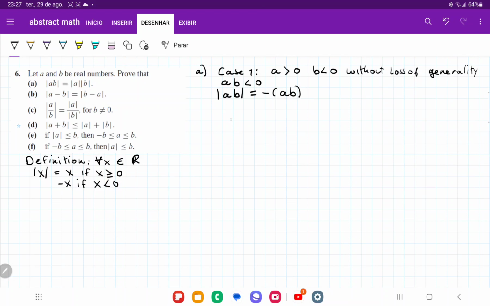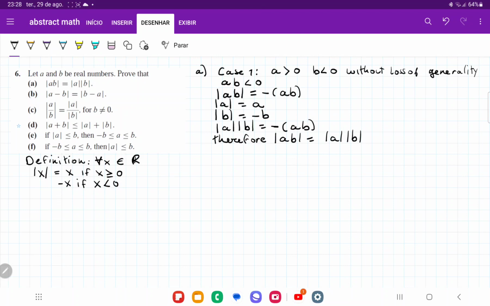Then the absolute value of A is just A because it is positive, and the absolute value of B is minus B. And so the absolute value of A times the absolute value of B is equal to minus AB, because that's minus B times A. So in both cases, because both of them are equal to minus AB, we have that the absolute value of the product AB is equal to the absolute value of A times the absolute value of B. So that was the first case, where they have opposite signs.